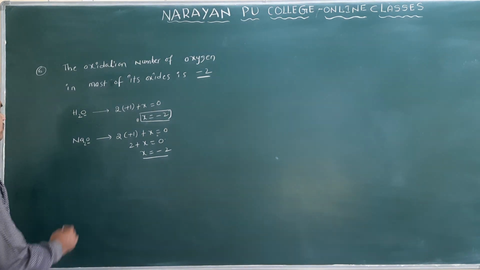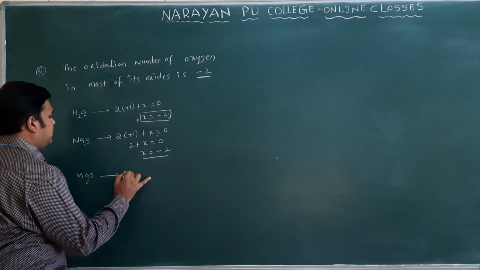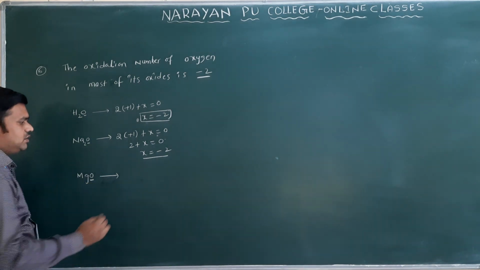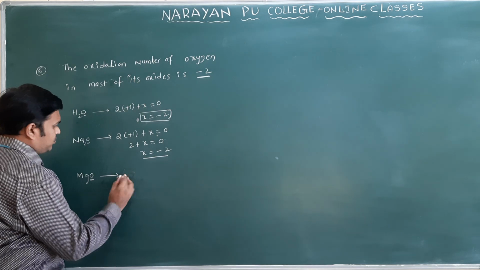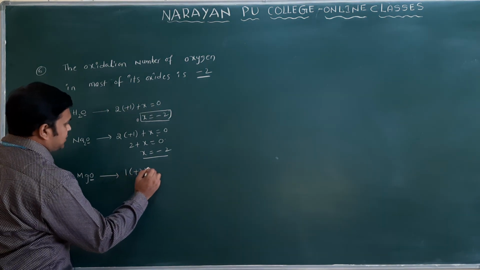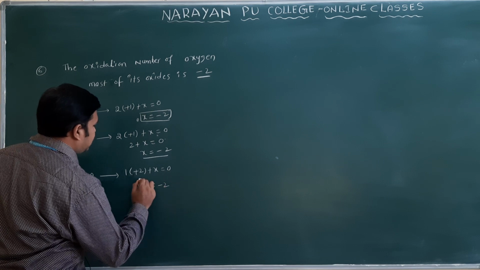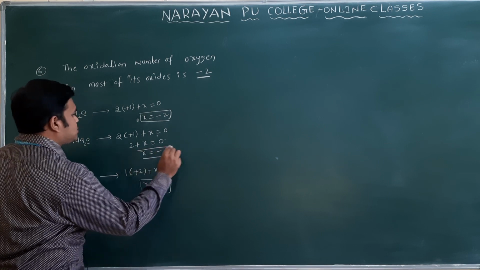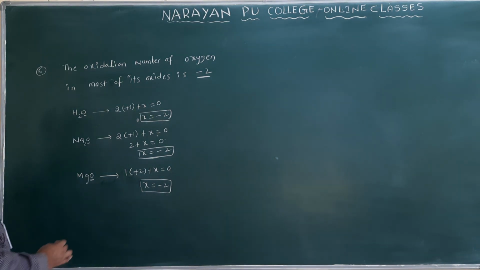If we take magnesium oxide, underline this oxygen. Magnesium belongs to which group? Second group. Its oxidation number is +2, plus x is equal to 0. So x is equal to -2. So in normal oxides, oxygen always shows a -2 oxidation state.